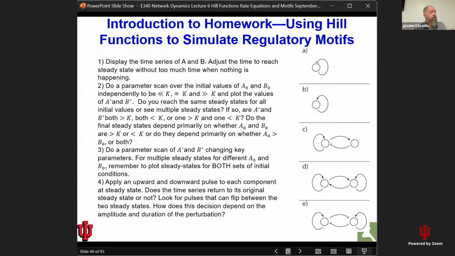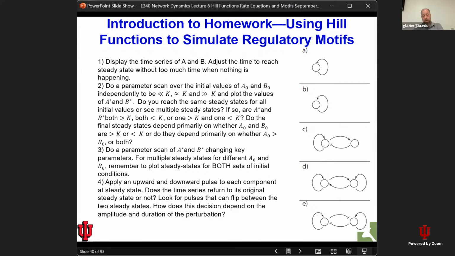Some of these circuits have 2 chemical species in them, and some of them have 1. And so the problem is written as if there were always 2, but for the first ones, A and B, we only will ask for 1. The first thing that you want to do is write a simulation that simulates the operation of the circuit in time and figure out about how long it takes to equilibrate.